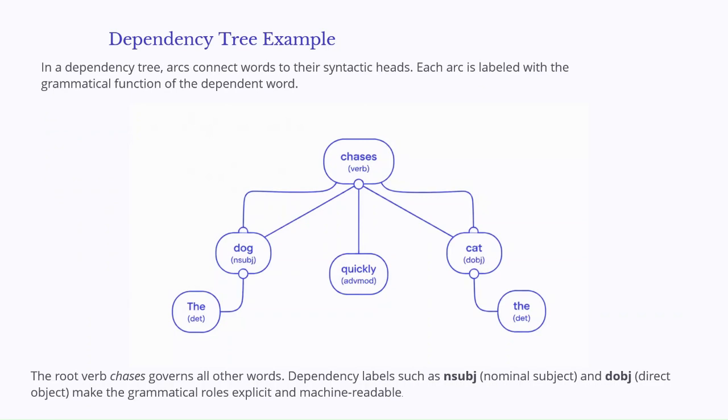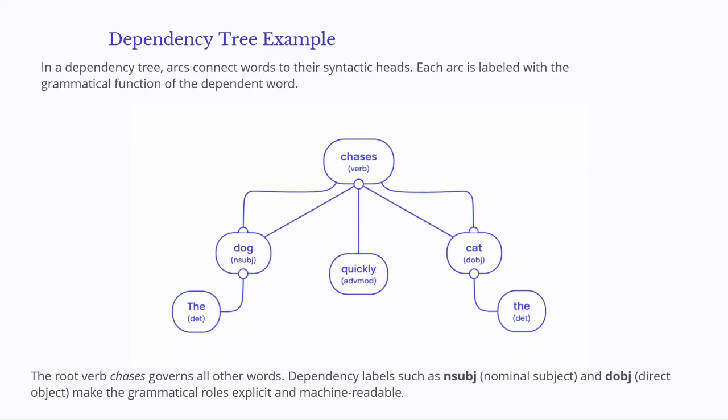So if you see this example, in a dependency tree, arcs connect words to syntactic heads. Each arc is labeled with the grammatical function of the dependent word. So the verb is chases, the sentence is actually the dog quickly chases the cat. Okay, or else the sentence can be the dog chases the cat quickly.